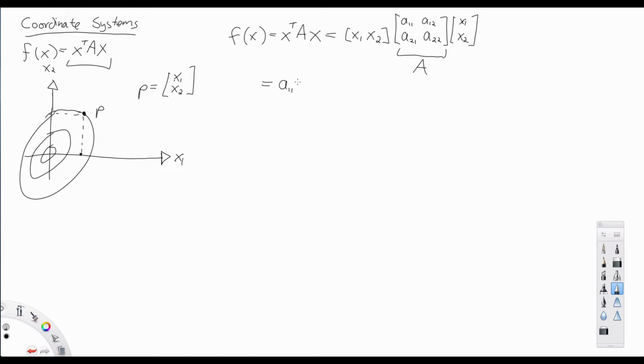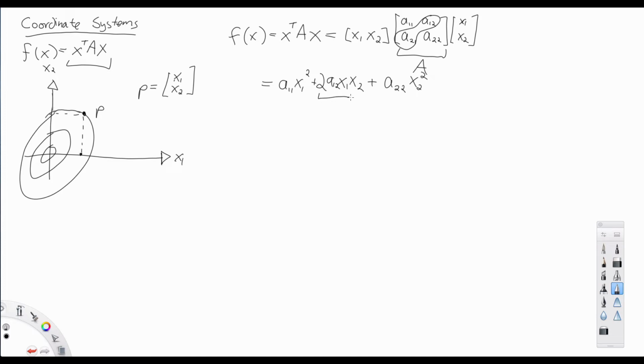That's going to be equal to a11 times x1 squared plus a12 x1 x2, but then if it's symmetric, if a12 is equal to a21, we're going to have 2 of these terms, so I'm just going to multiply that by 2, and then we're going to add the last term, a22 times x2 squared. Now, make sure that you can multiply this out and everything makes sense.